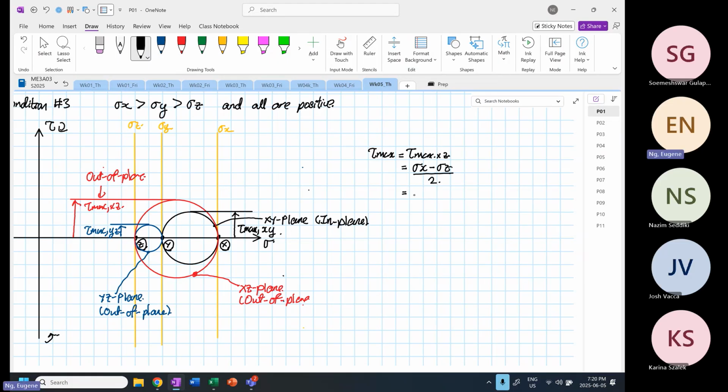And this also can be equal to stress max minus stress mean divided by 2. Okay, so over here, this is our stress max. And over here, this is our stress mean, right?